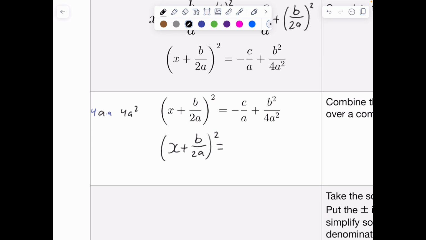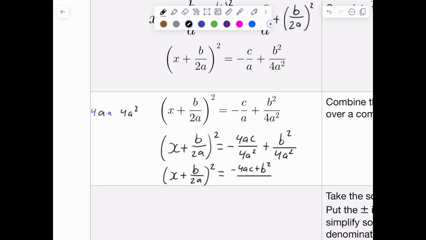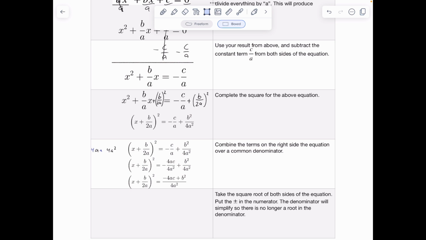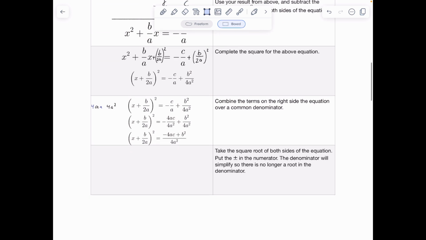So that would become negative 4ac over 4a squared plus b squared over 4a squared. So here, our last step for this point is to add those together. Negative 4ac plus b squared over 4a squared. All right, so we've combined the terms.